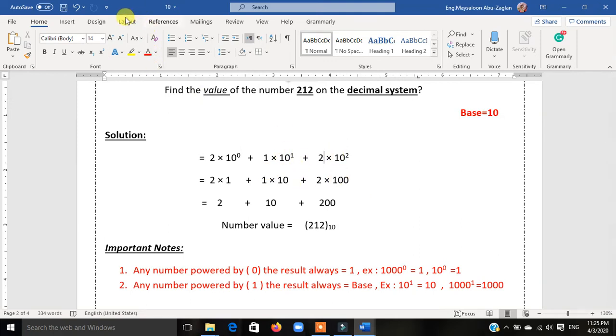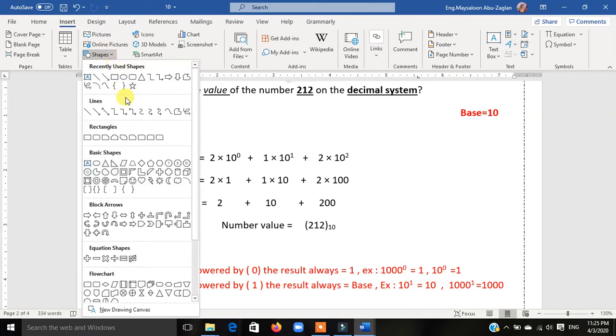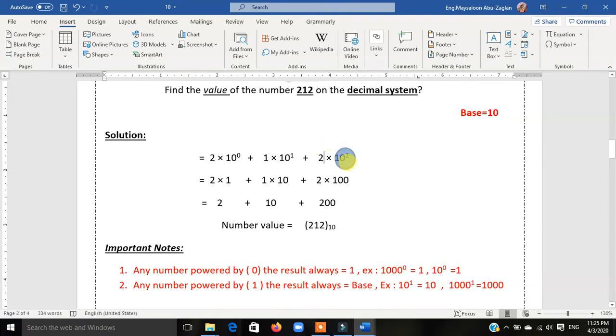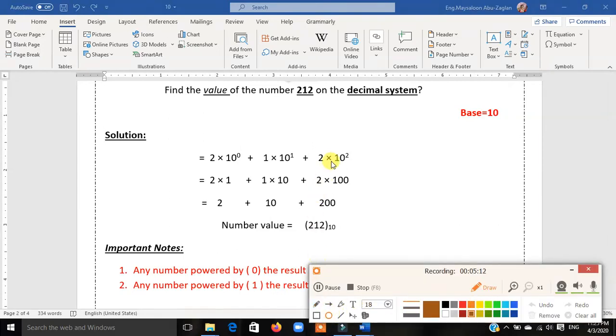Let's go now to the second one, 10 power 2. This means I'm going to multiply 10 by itself twice: 10 multiplied by 10, so the result is 100.